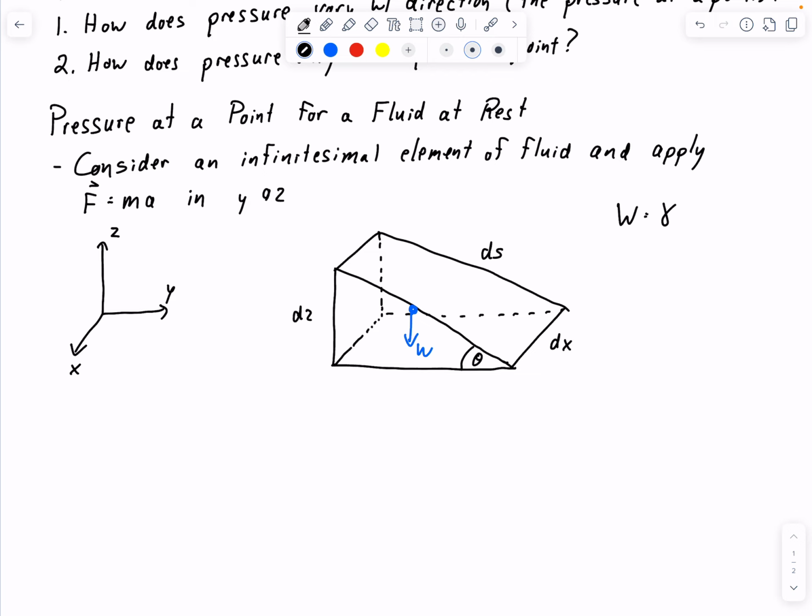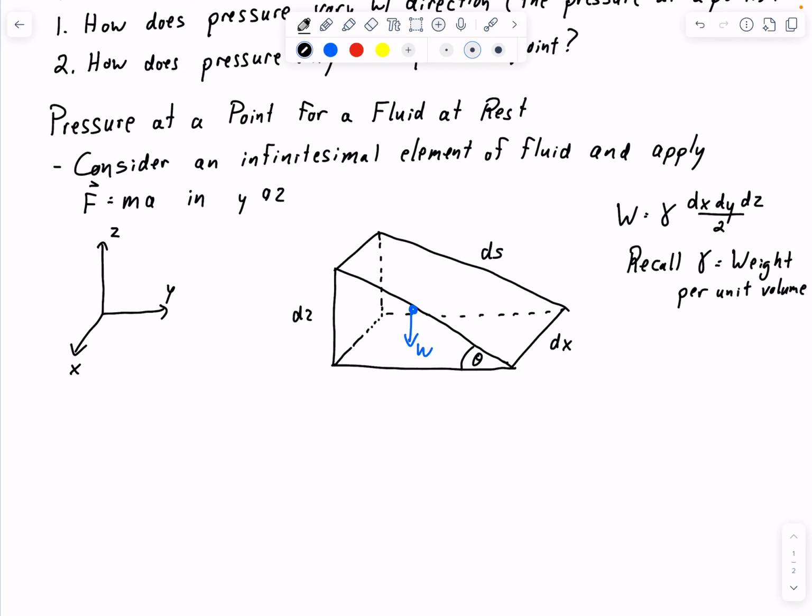The volume of this wedge is dx times dy times dz divided by 2. dx dy dz would be the volume of the corresponding box, and dividing that by 2 gives the volume of the wedge. We multiply this volume by the specific weight, and recall that specific weight gamma is weight per unit volume, so that gives us the weight.